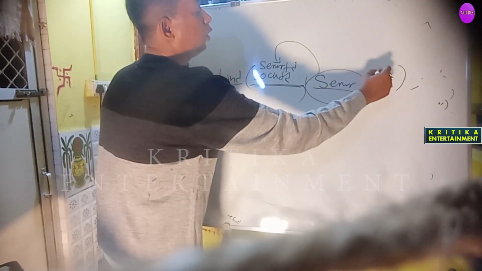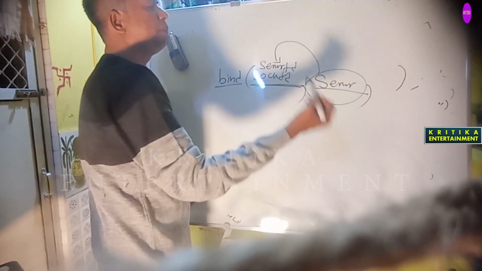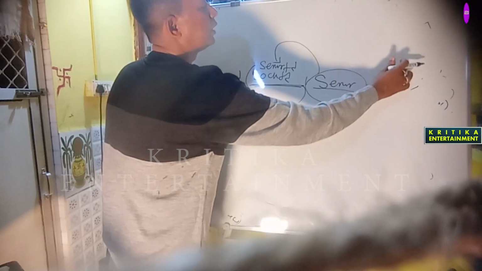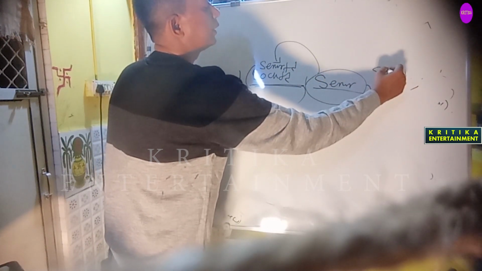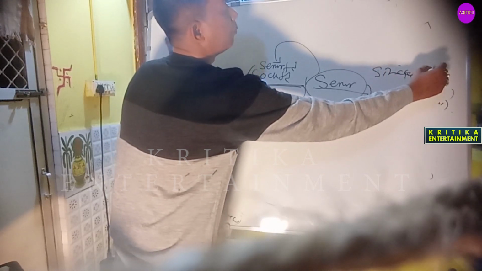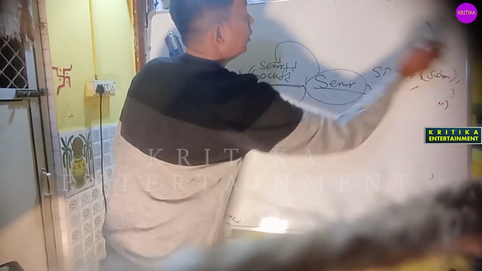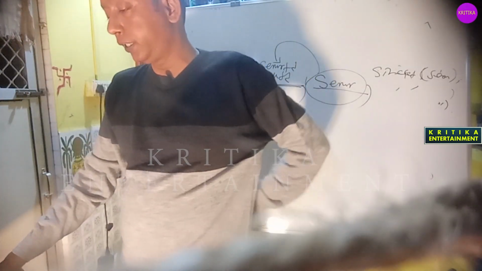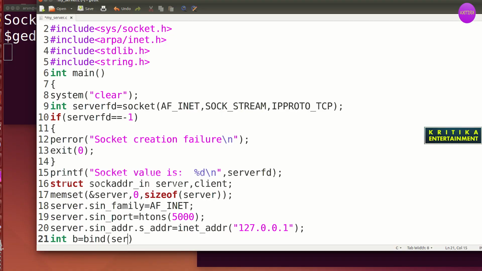And you have to mention how much server data there will be, that is sizeof server. So bind function takes three arguments. First is server fd, second is where I cast to the generic type struct sockaddr pointer, since I don't know which type of socket I have declared.